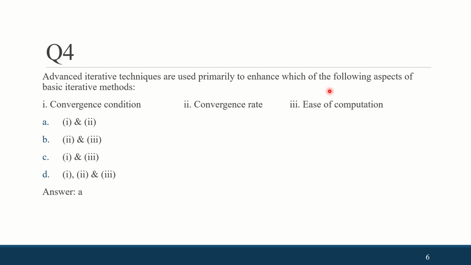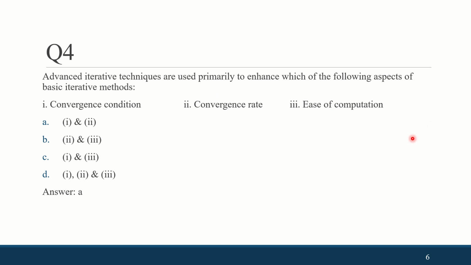The main focus here is to obtain faster convergence with different conditions, because we cannot expect the problem to go on for a long period of time and get the results. Rather, we require faster results. So the iterative techniques enhance the convergence rate and the convergence condition.